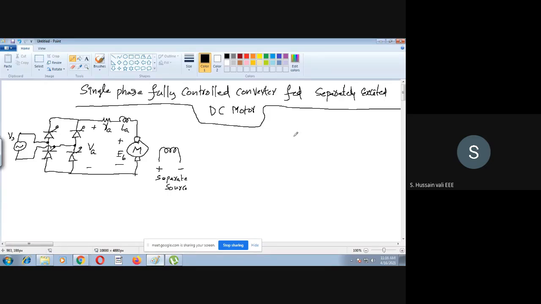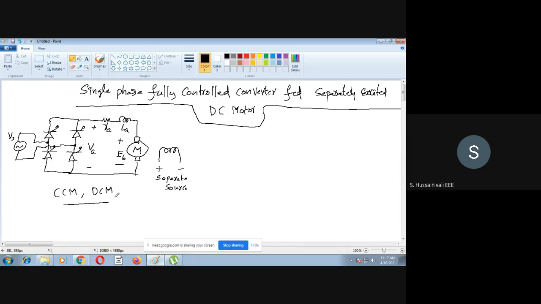Now the same analysis like we have done last class, that you have two types of conduction: continuous conduction mode and discontinuous conduction mode. Continuous conduction mode means the current in the inductor or armature is never zero. It is always there.